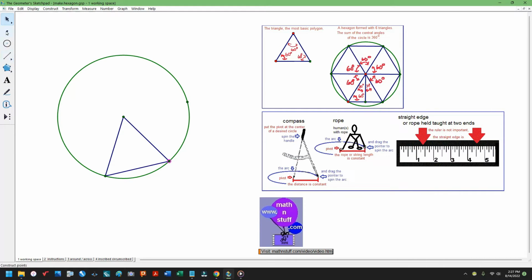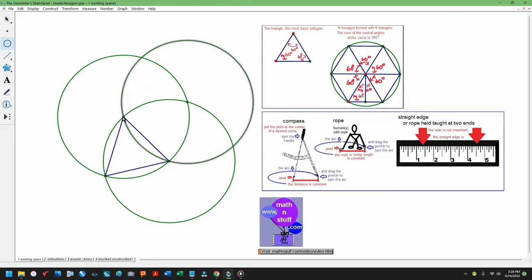I now want to make more circles. I'm going to start with a point I have, and I'm going to go to that one. Now I'm going to do that again. This time I'm going to take another circle, and I'm going to go there. I'm going to mark the intersection.